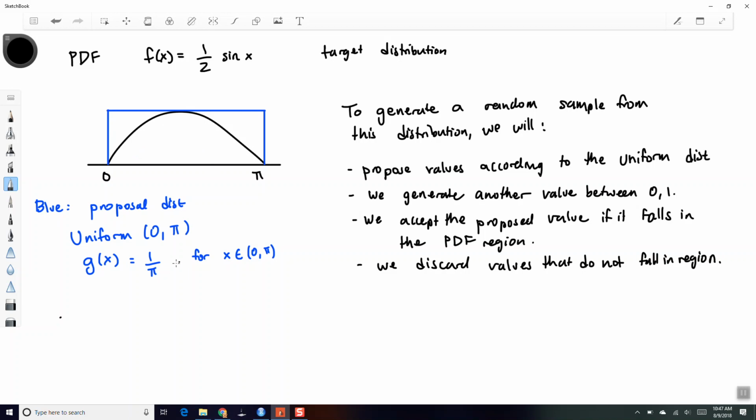So we want the max value of f of x to equal the max value of g of x multiplied by some constant m.